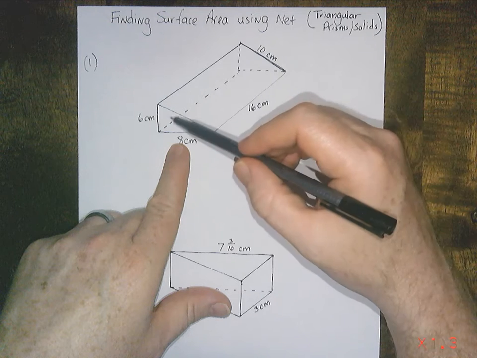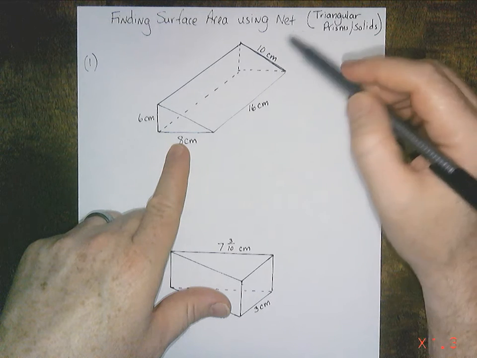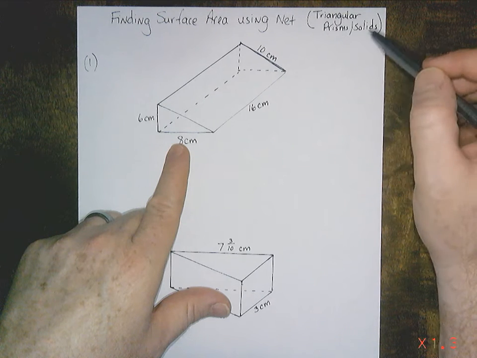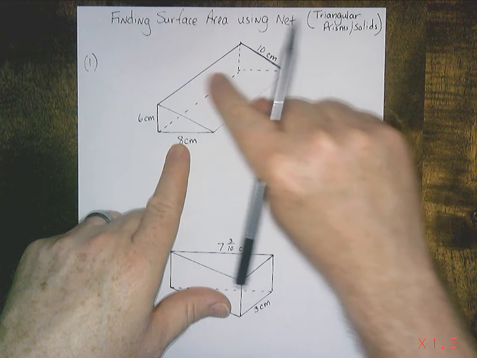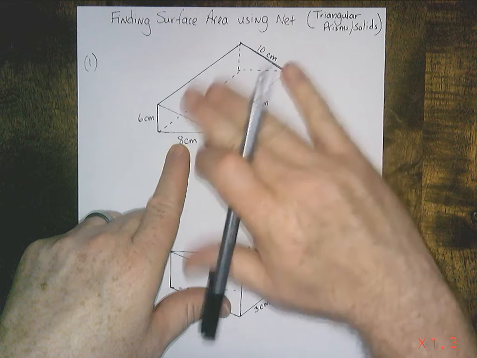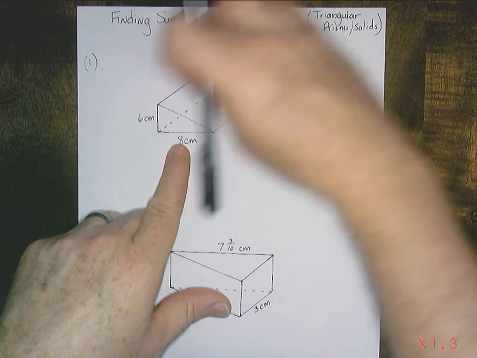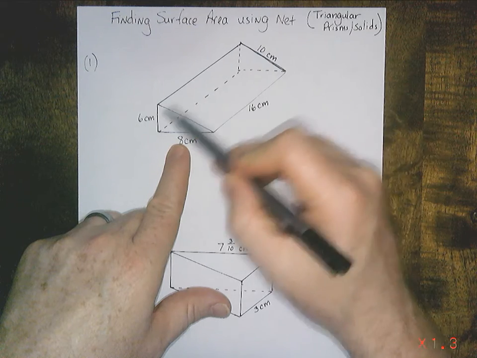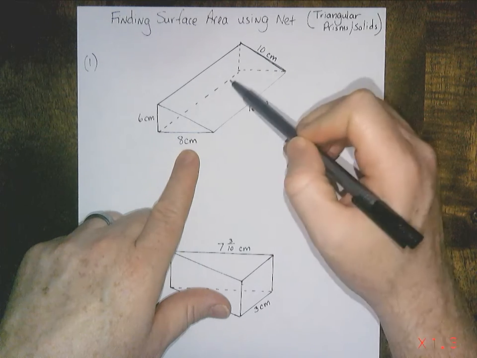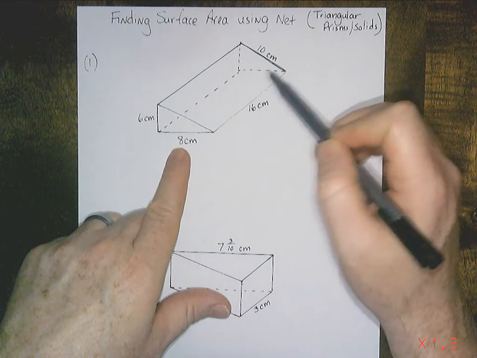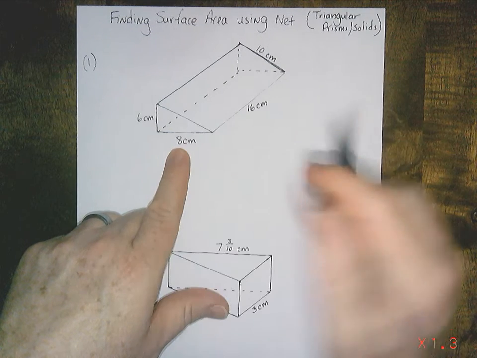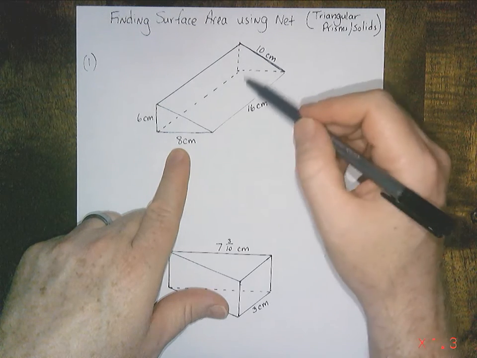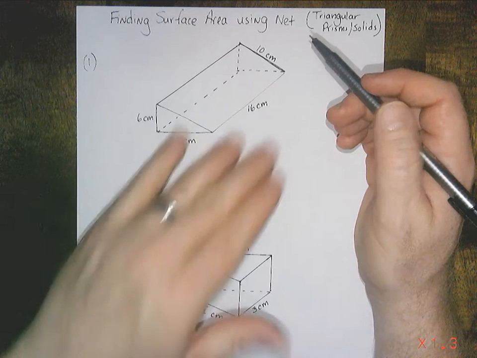If you look at the sides, remember a prism or a solid has two bases. This one has 3 sides: the back side right here, which is a 6 by 16, and this front face, facing you at an angle, which is a 10 by 16. Those are basically the sides, if you will.